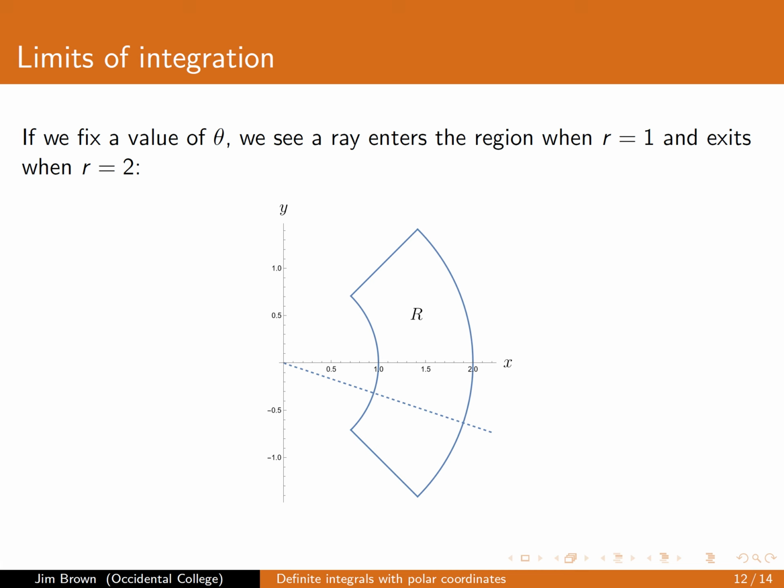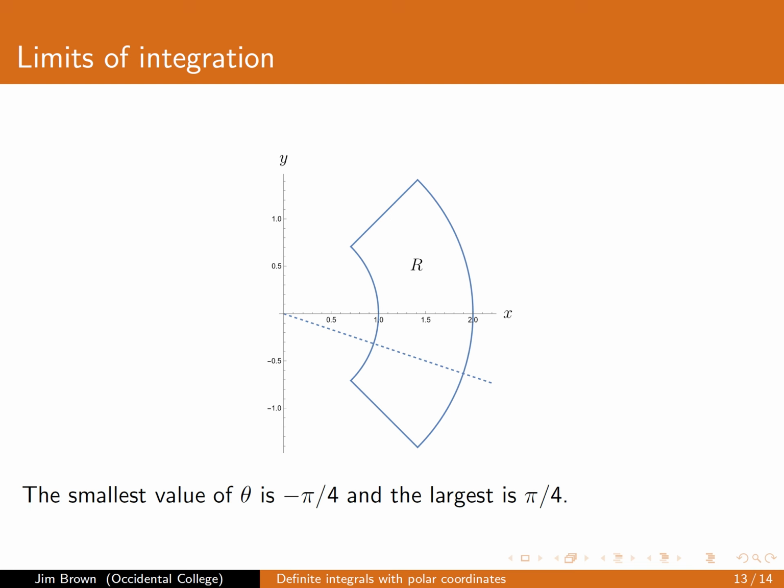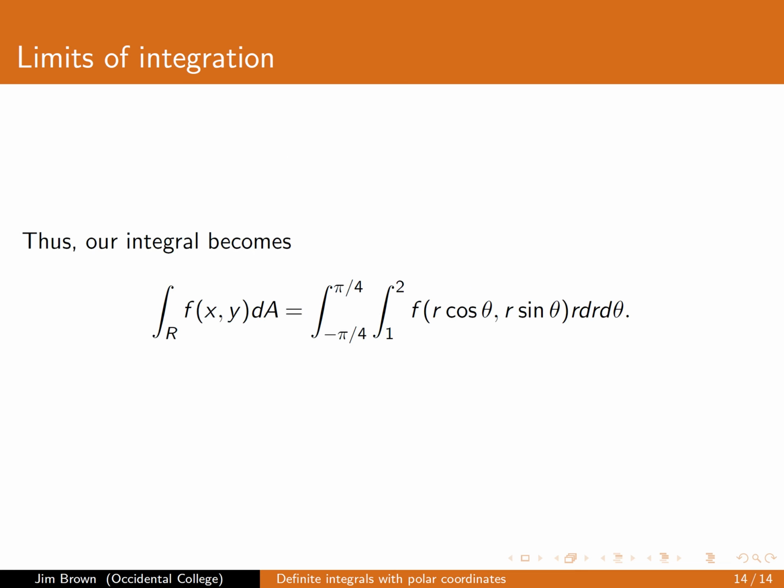It enters the region when it hits this circle of r equals 1, and it exits when r is equal to 2. So my r limits for my integral are going to be from 1 to 2. We can also see the smallest value of theta where we start hitting the region is down here at minus pi over 4. Then we'll trace theta all the way up until we get here to pi over 4. So my theta limits are going to be minus pi over 4 to pi over 4.